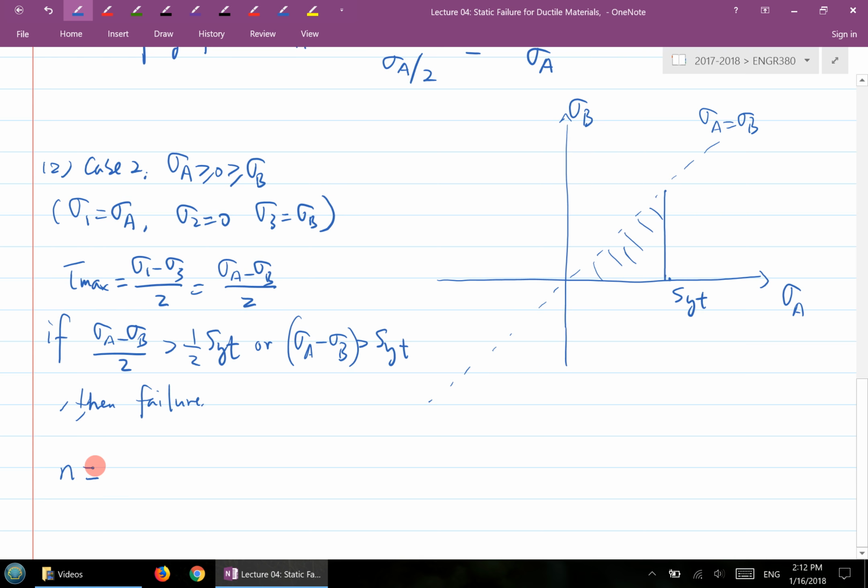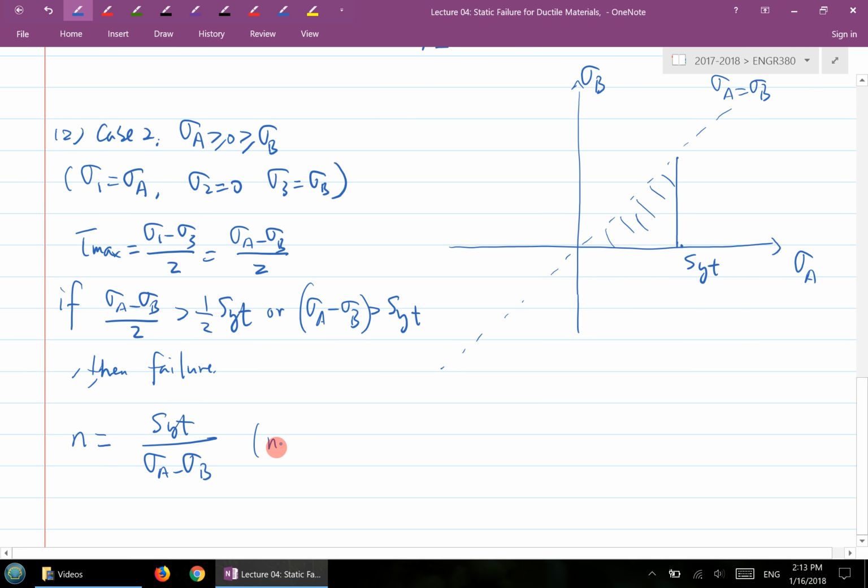So we can still write the safety factor as the strength over tau max, which gives us SYT over sigma A minus sigma B. Here's your safety factor, comparing SYT with tau max. And n equal to 1 is the critical value.